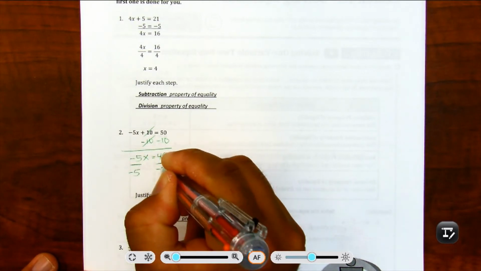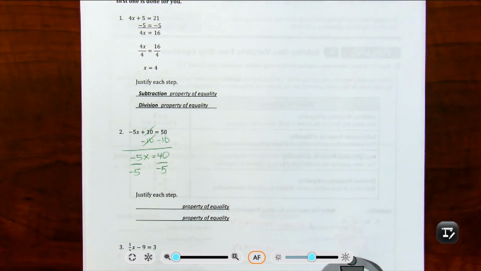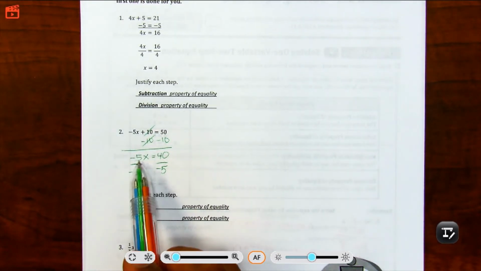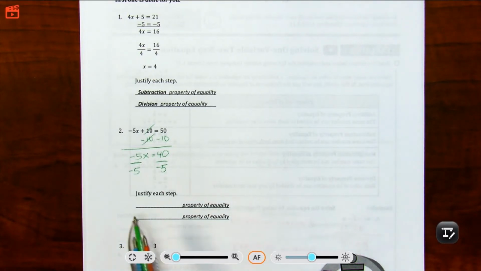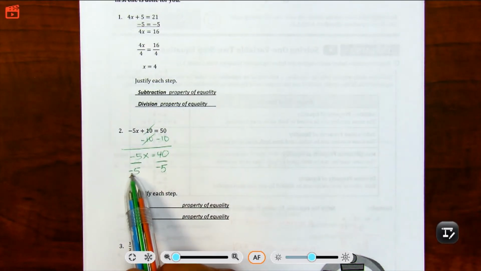Now the reason why I'm dividing by negative 5 is because it's the opposite of multiplying by negative 5, because this is what negative 5x means, negative 5 times x. The opposite of multiplying by negative 5 is to divide by negative 5. A lot of people get confused. Sometimes they divide by positive 5 because they think opposite sign.